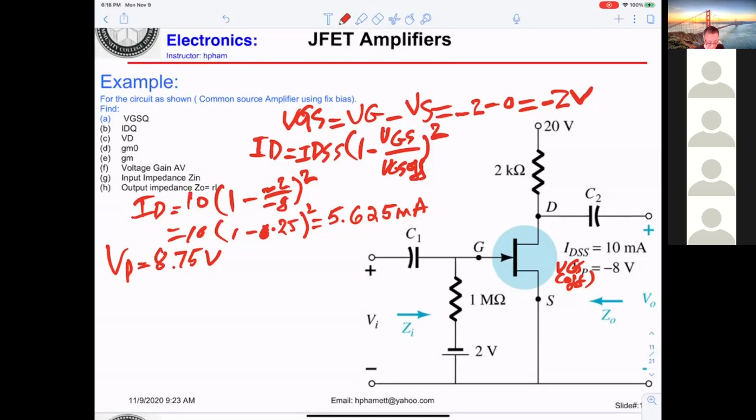Which one? VD, you got it wrong. Another one. Let me try VD.